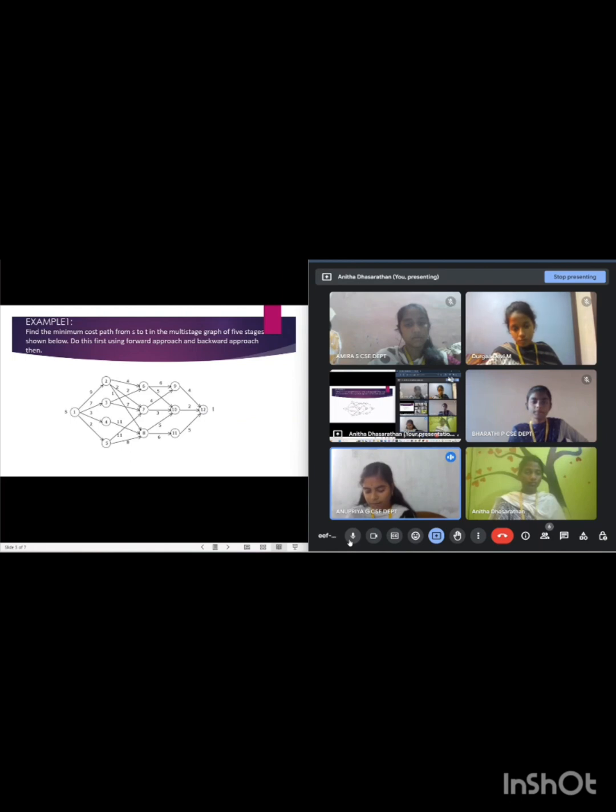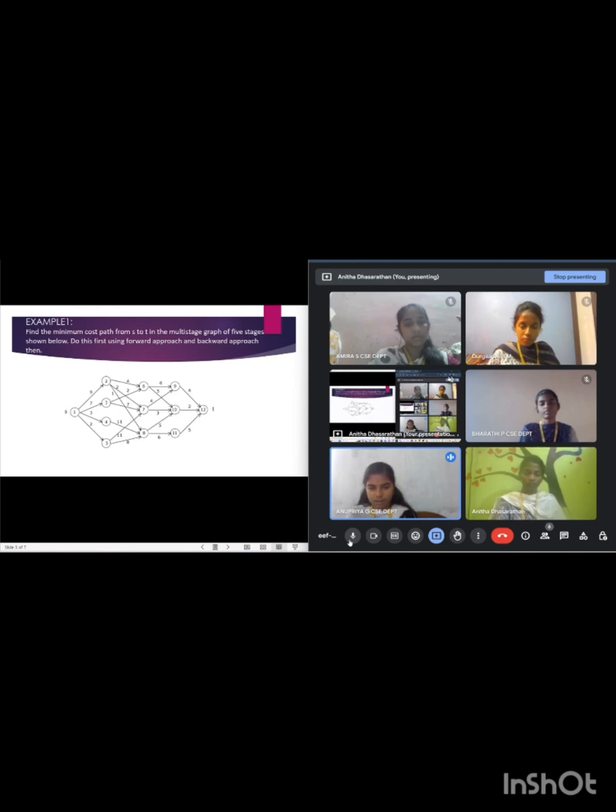Adding that to the edge length, which is 4, gives 13. When we consider vertex 3, its cost is 7 and its path length is 2. 7 plus 2 is 9. Between these two values, 9 is the minimum, and that is the cost of vertex 6, which we got from node number 3.